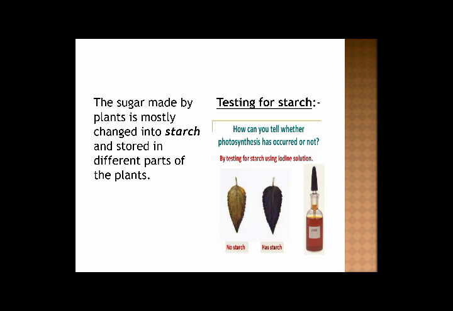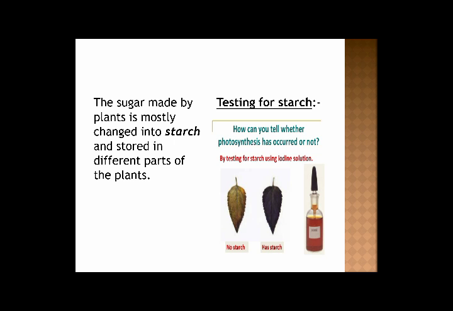You can easily test it by taking two leaves, and when you put a few drops of iodine on a leaf, if the leaf turns dark blue or bluish black, it means it has starch.